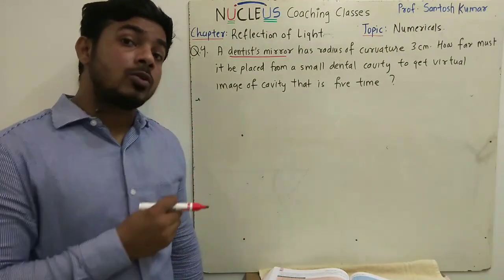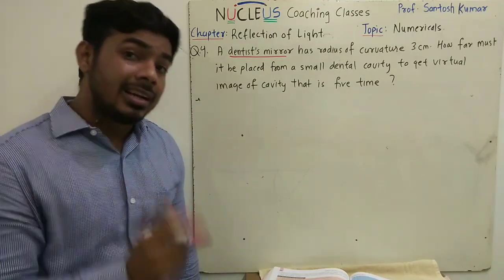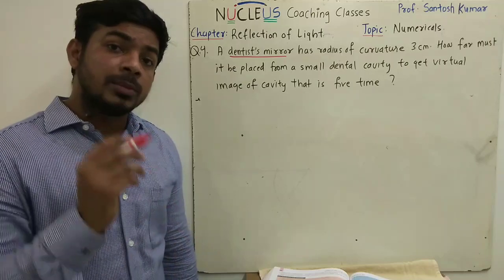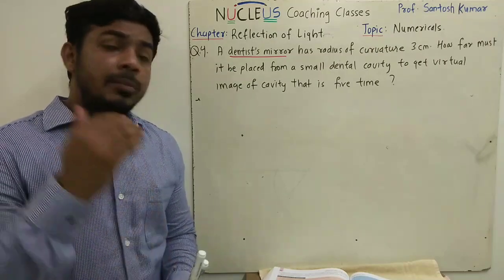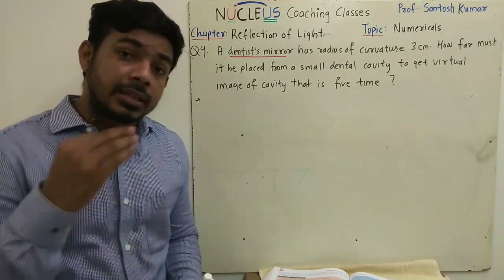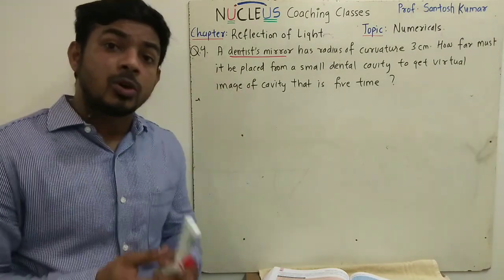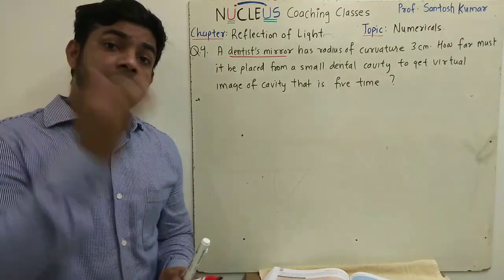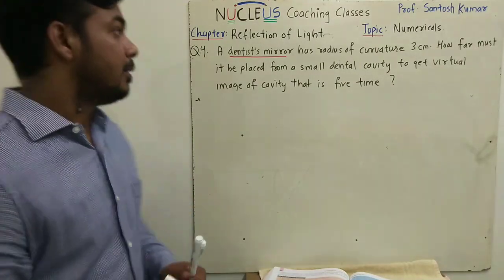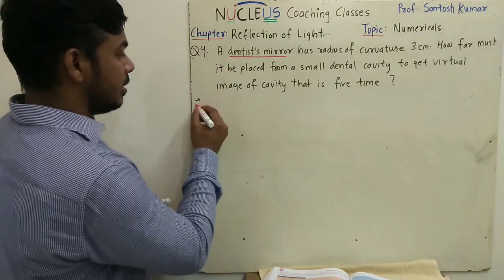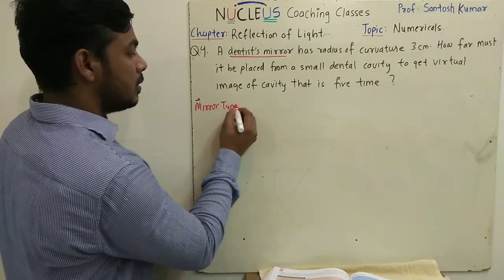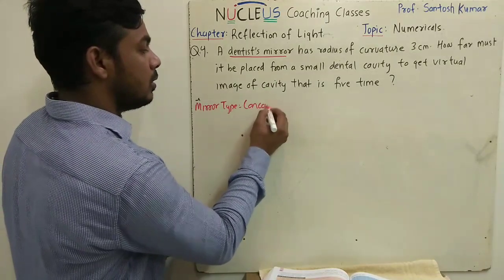Other words to identify concave mirrors are real image, because a real image is always formed by a concave mirror. Sometimes the question will say the image is obtained on a screen. Whenever the term screen comes, that means the image is real, and a real image is always formed by a concave mirror. So if I talk about a dentist mirror, I will simply write mirror type as concave.